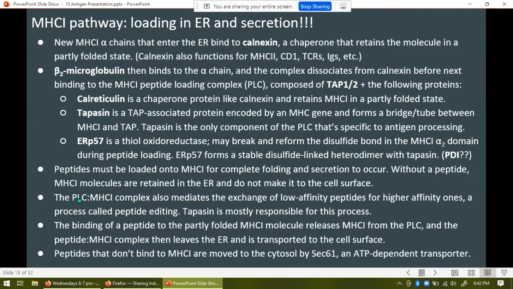Another note: the peptide loading complex, along with the MHC1, mediates the exchange of low affinity peptides for higher affinity ones. Okay, so there is a little bit of a competition between different peptides. The highest affinity peptides have the most tendency to be loaded onto MHC1.